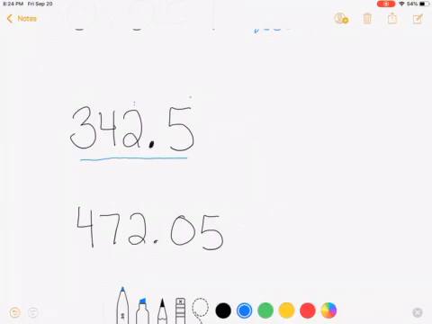So 5/10 can be written 5/10. We know 5/10, or 5 divided by 10, is also 1/2. So we can read this number as 342 and 5/10, or 342 and 1/2.